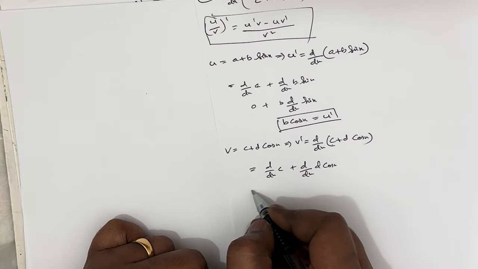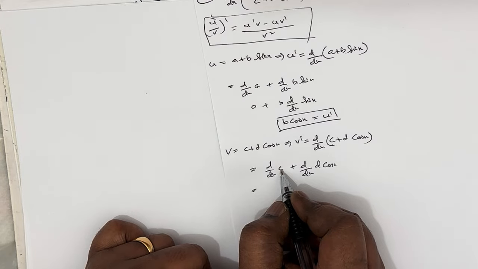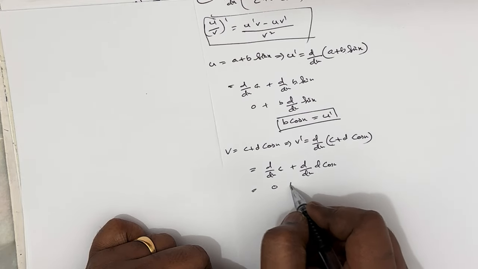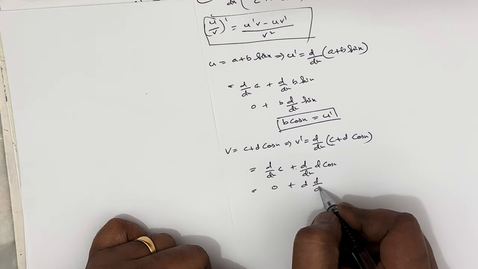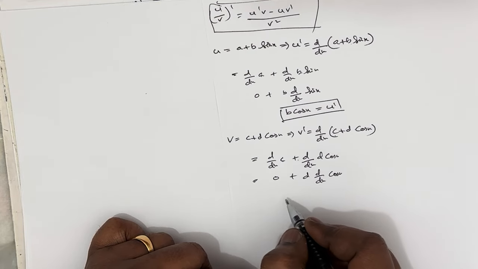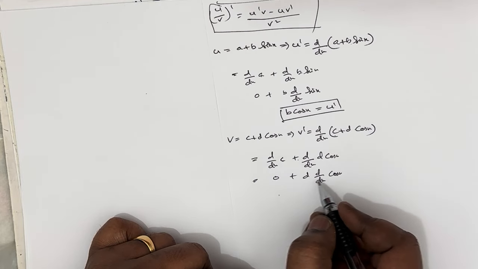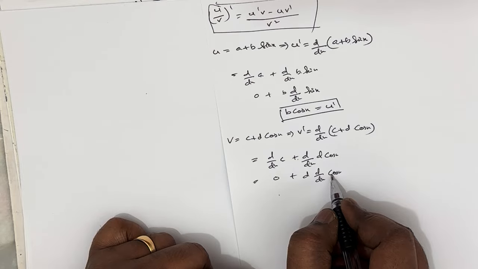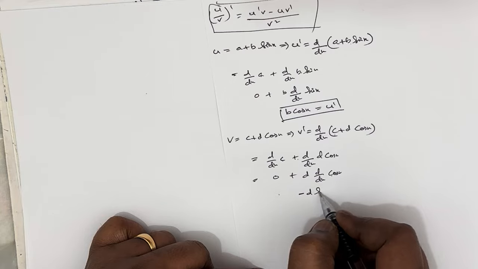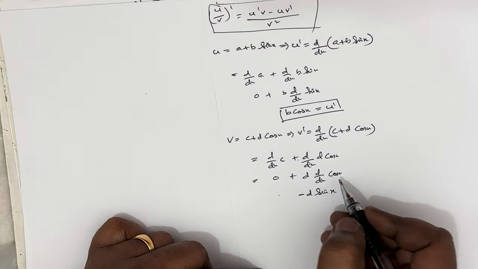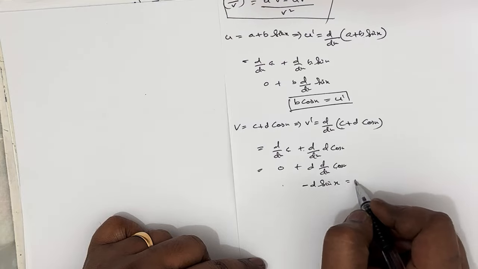The derivative of c, a constant, will be 0, plus, let's bring the d out, d times d by dx of cos x. So this is 0, and the derivative of cos x is negative sin x, so it will be minus d sin x. This is v dash.